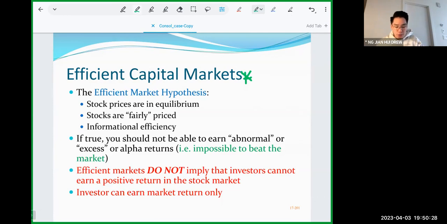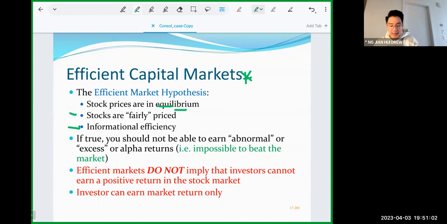It's because stock prices are generally at equilibrium, so the prices will not go super high or super low such that you can get additional returns. The information is very efficient, meaning that information flows in the market very efficiently. Immediately, whatever information is available will be taken into account by the market. And stock is fairly priced, so there's no mispricing.